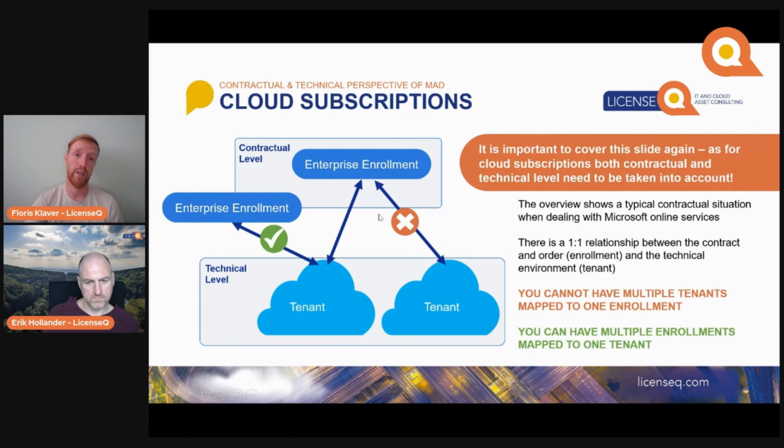But if there's already a tenant associated to the new contract, then it becomes difficult because you can't assign two tenants to one enrollment, and then you have to work it from a different perspective.